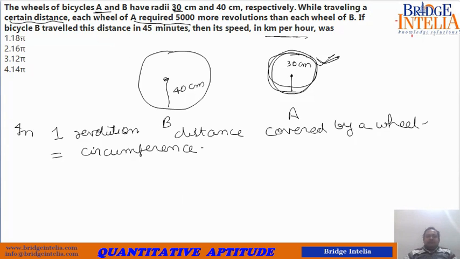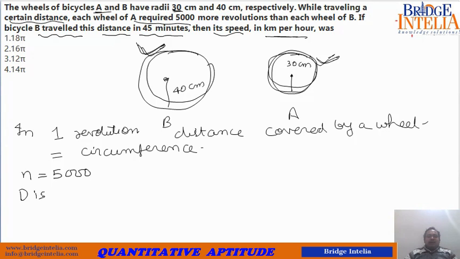What have we to calculate? If a bicycle B traveled this distance in 45 minutes, then its speed. So we have to find the speed of this bicycle. We know that n is equal to 15,000. It means wheel B rotated 15,000 times.